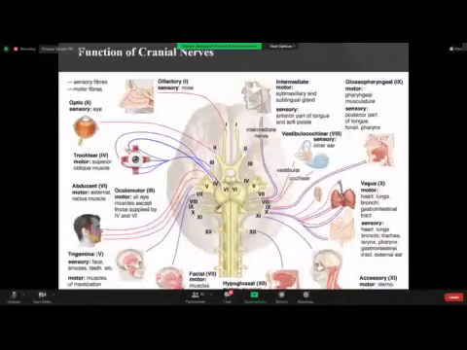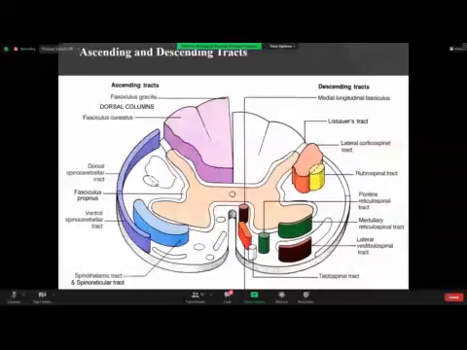The spinal cord is a long fiber, extending from C1 to L2-3 in adults. It is the length of the spinal cord, and it has a number of overlapping functions.